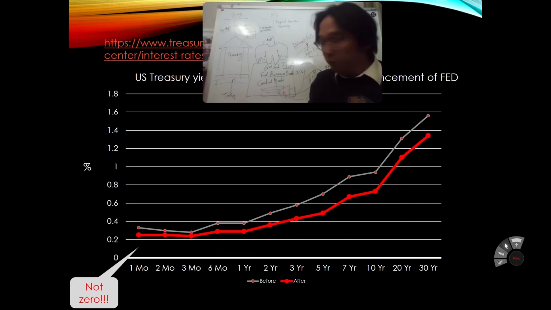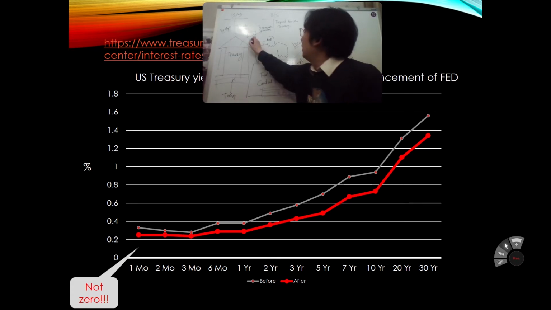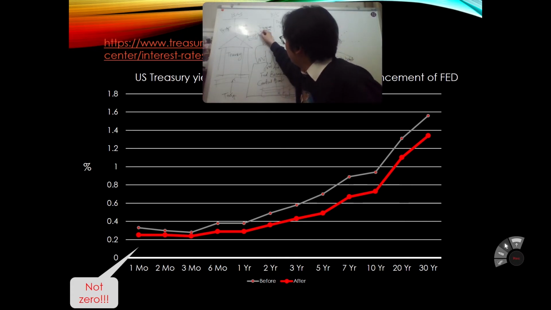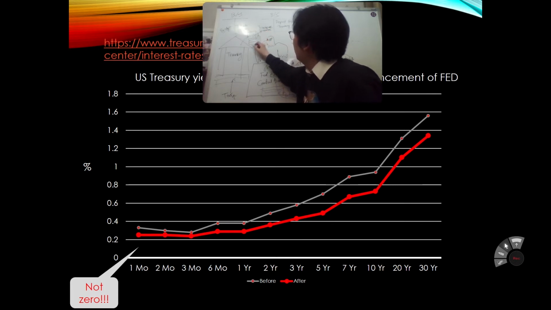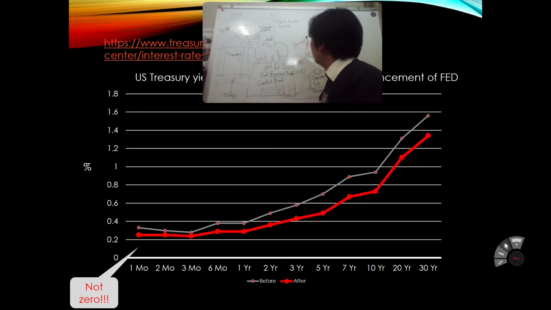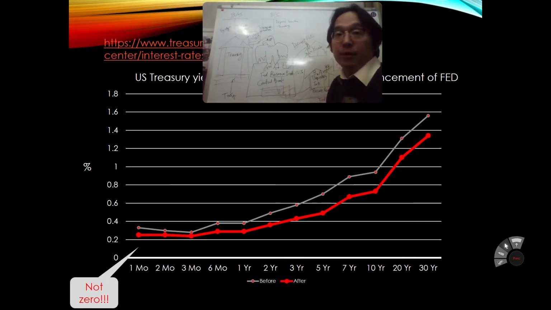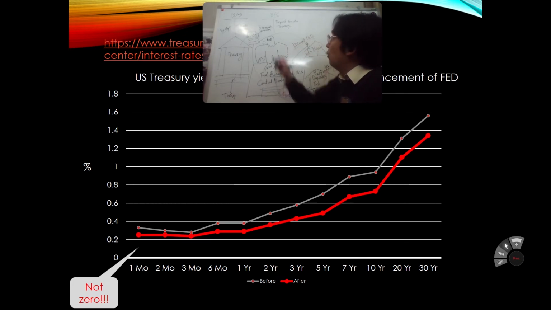I'm going to draw a line like this. Many securities pieces, some Treasury bonds go to these banks all down there. They invest in this treasury bond, and this is an open market.